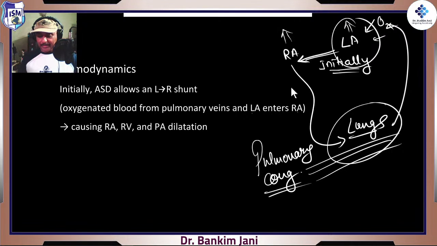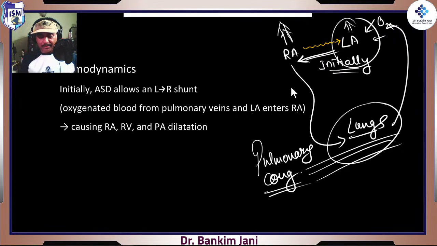So at one point, say their pressures are equal. And the worst thing starts now, when the pressure over here rises above the left side. In that case, the shunt is reversed. There is a reversal of shunt. And now the blood from the right side starts going into the left side, and there starts all the trouble.